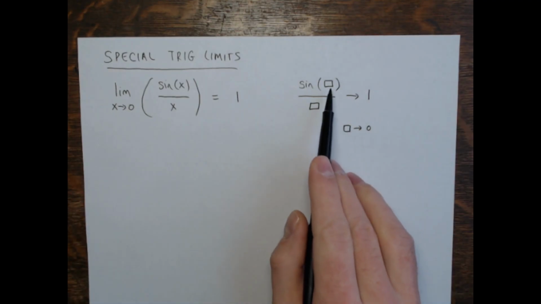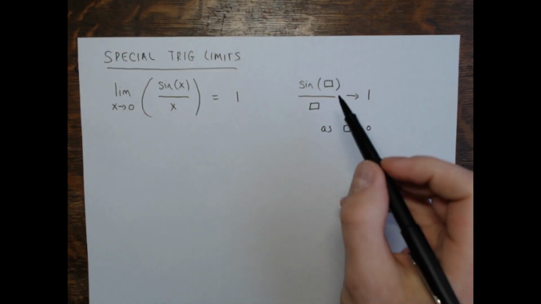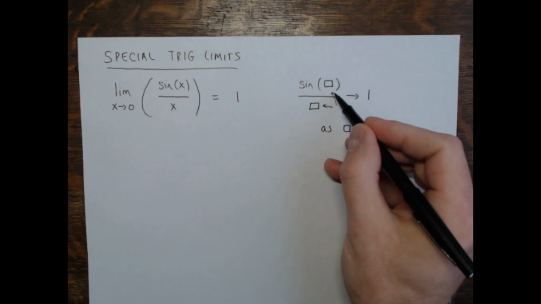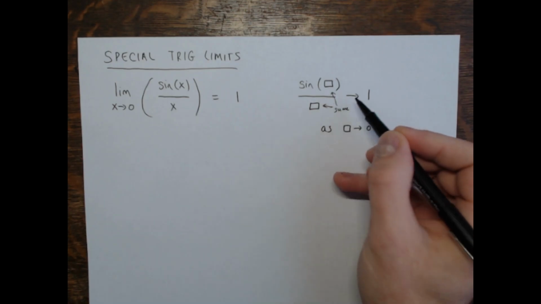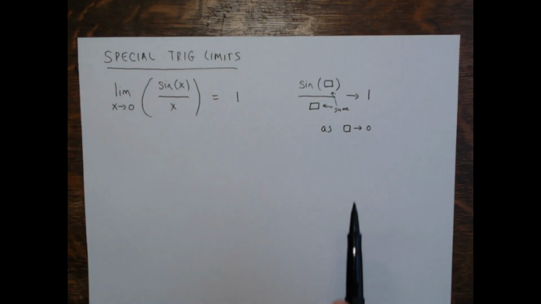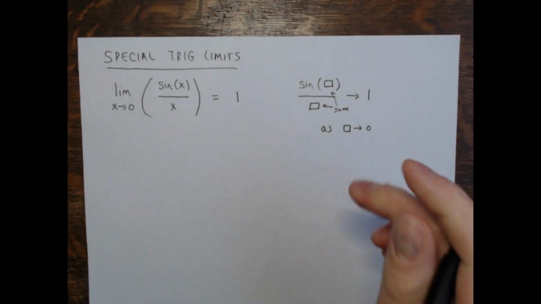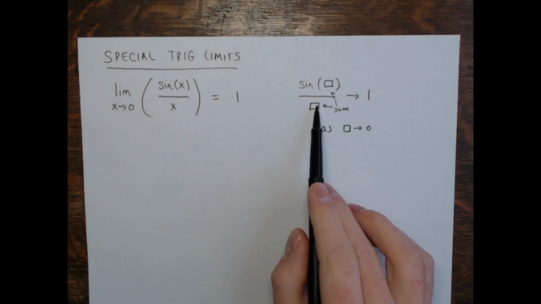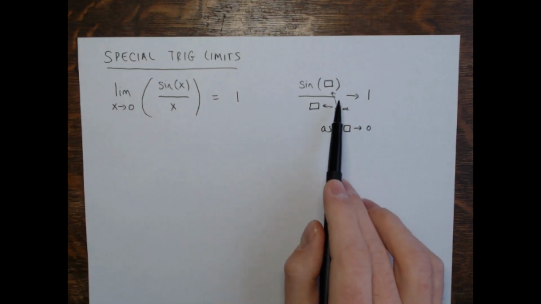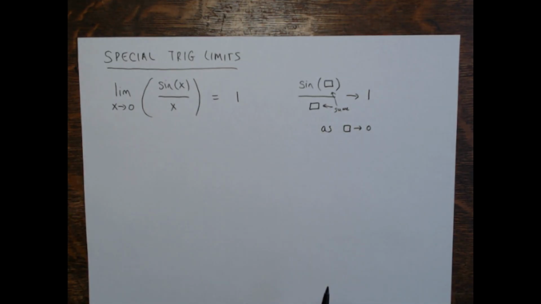These have to be the same though. So what's in here must be the same in order for this thing to approach 1. As long as the expression in here and the expression down here, or vice versa if you have this flipped around, are the same and the expression's going to 0, the value of the whole thing is approaching 1.